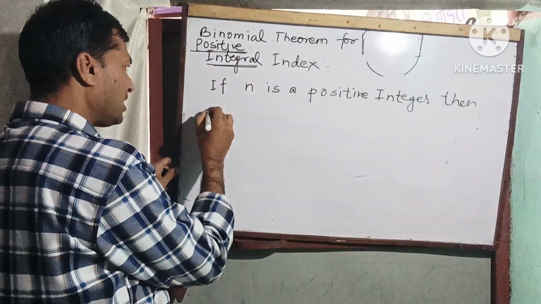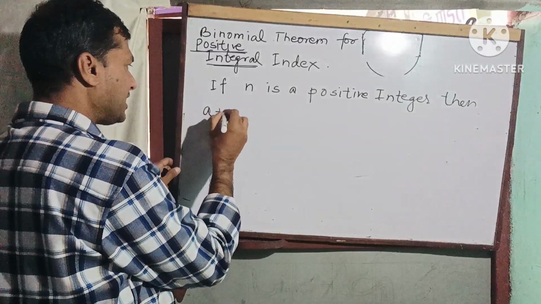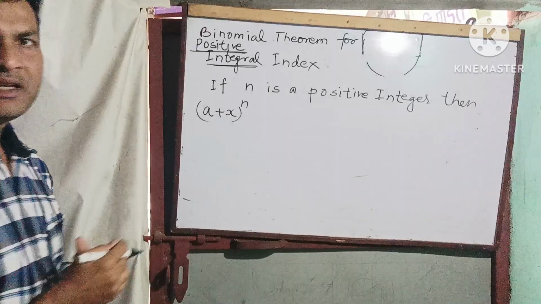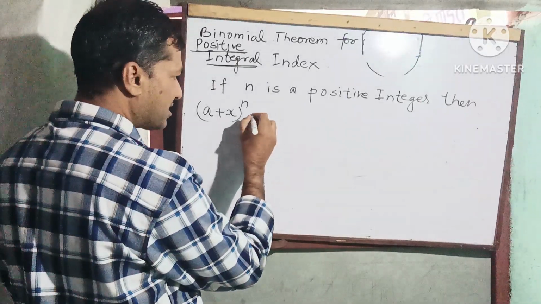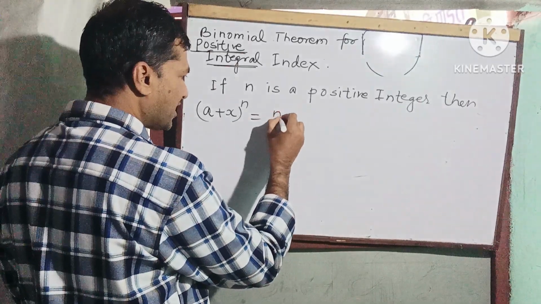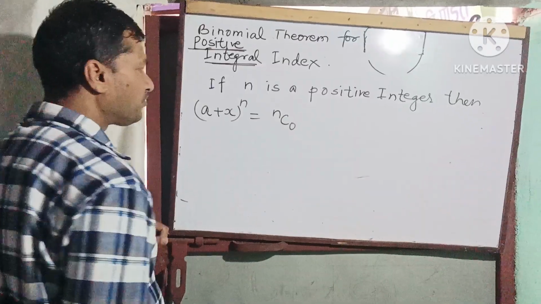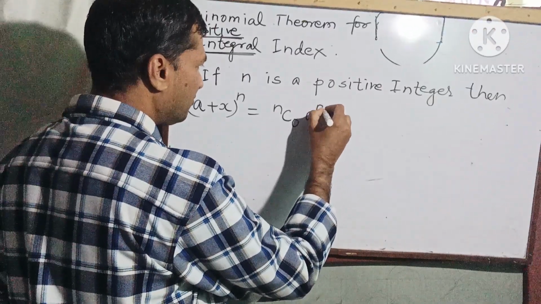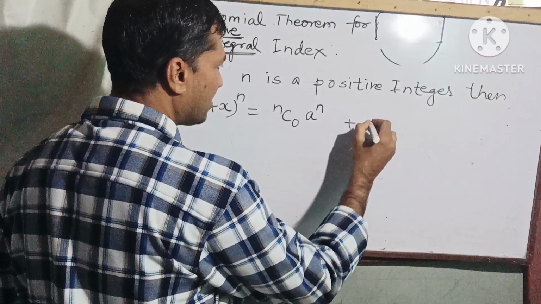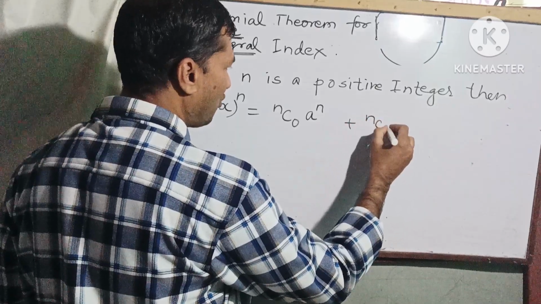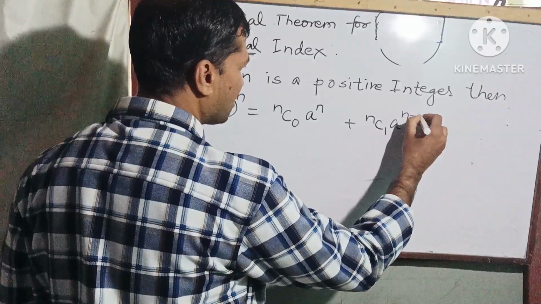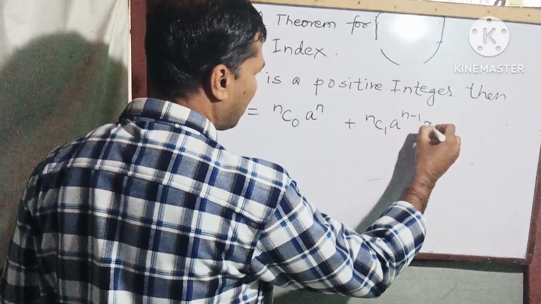Then (a plus x) to the power n expands as nC0 a to the power n, plus nC1 a to the power n minus 1 x to the power 1.